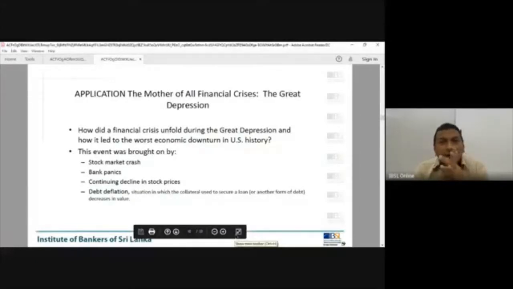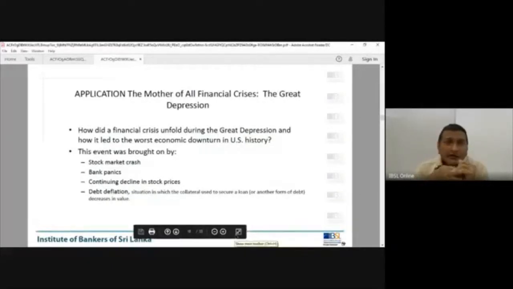So they queue up from the early hours of the day to withdraw the assets they have kept in the financial intermediaries. When you see bank panics and everybody is trying to withdraw their deposits, what happens is that banks normally keep a certain percentage of their assets in liquid form, and banks are compelled to increase the liquid form assets.